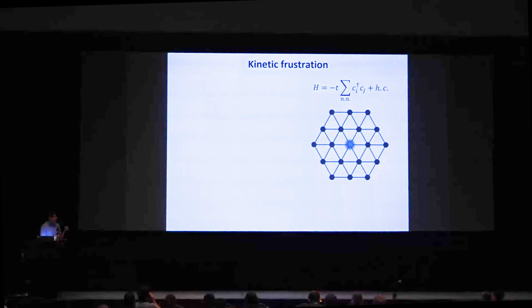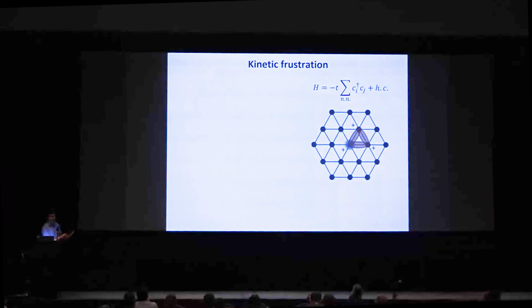Well, let me try to go through this in a slightly contrived way. What I'm going to ask is, let me think about each bond. We can assume here the sign of the tunneling is positive, and so the particle wants to delocalize on every bond. So it wants to form a spatially symmetric state. Here we can do this on the next one, and on the next one, and here all the phases match in the symmetric state.